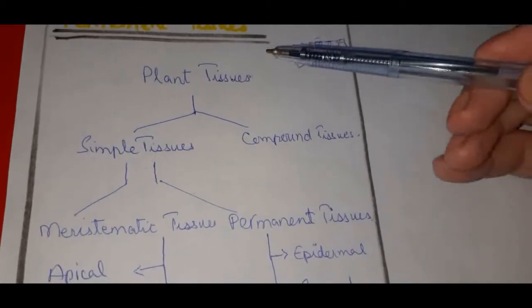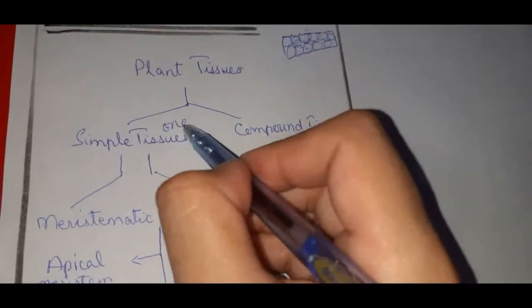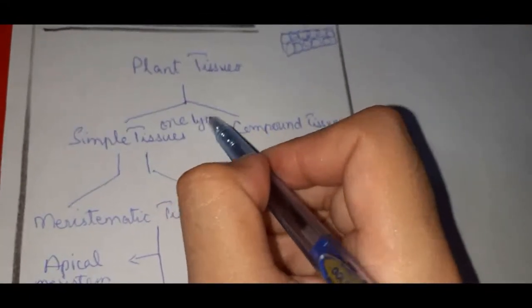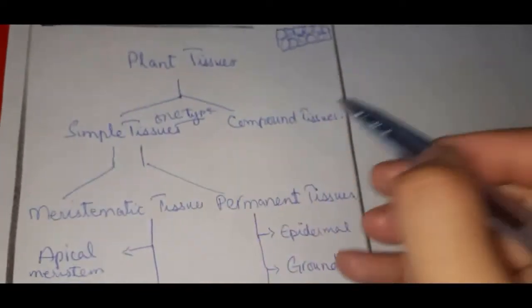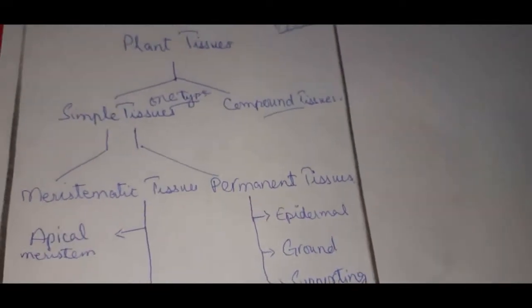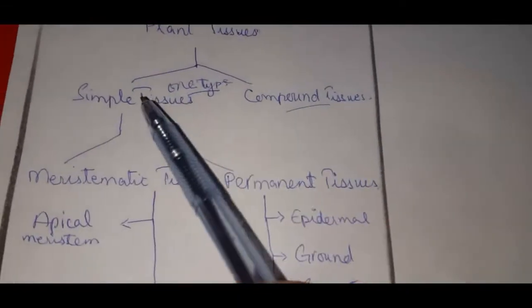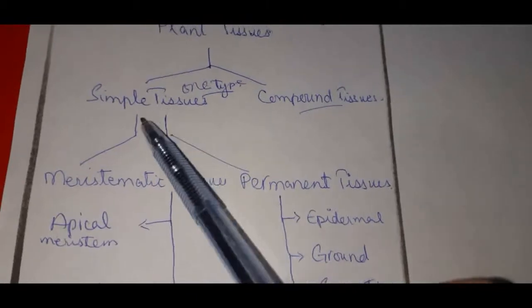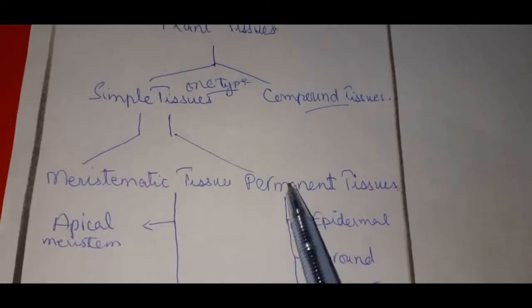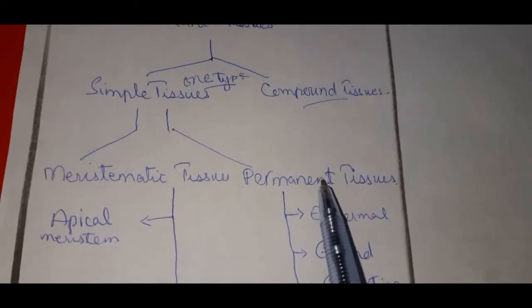Simple tissues are those tissues which are made up of only one type of cell, whereas compound tissues are made up of multiple types of cells. Then we further discussed that simple tissues are divided into two main parts: meristematic tissues and permanent tissues.